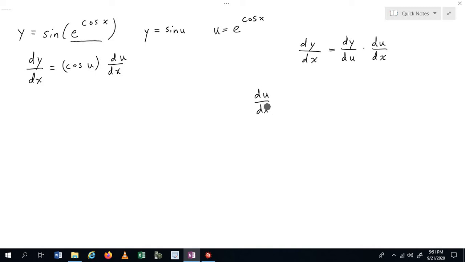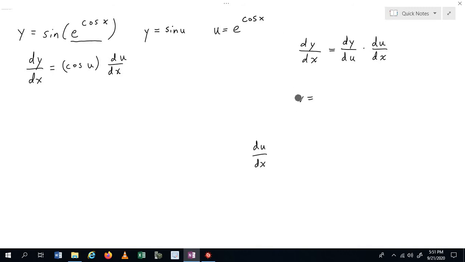Now to find du dx, we actually have to find the derivative of this function with respect to x. But notice that this is a composition of two functions as well. And so we're going to have to use the chain rule to find the derivative of this function. So let's say the inner function, in this case, we're going to call it v.